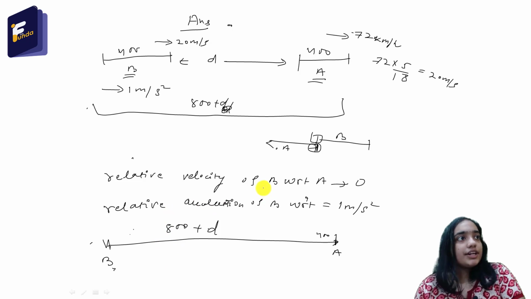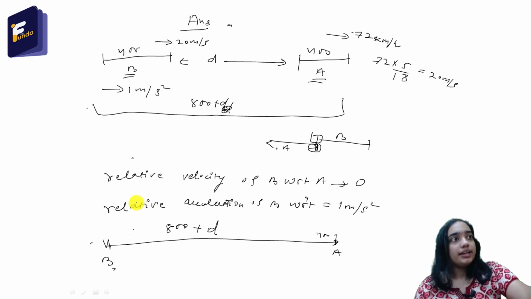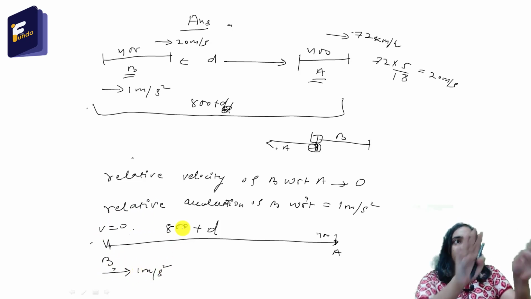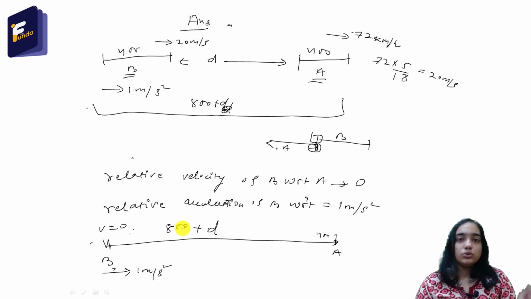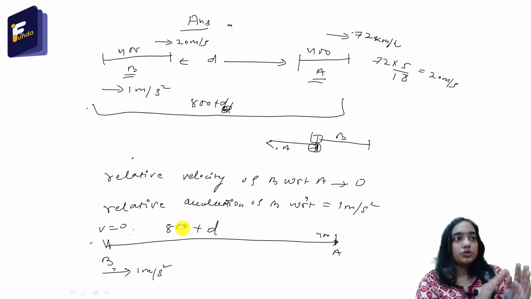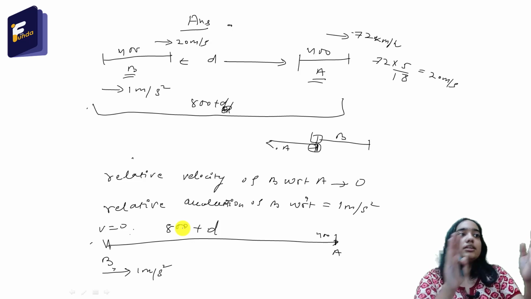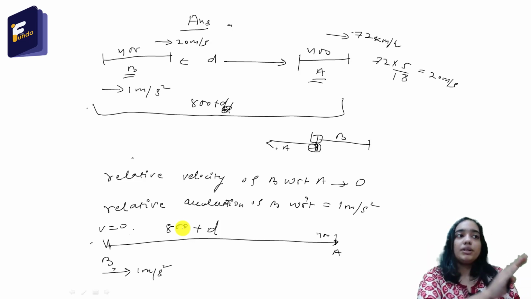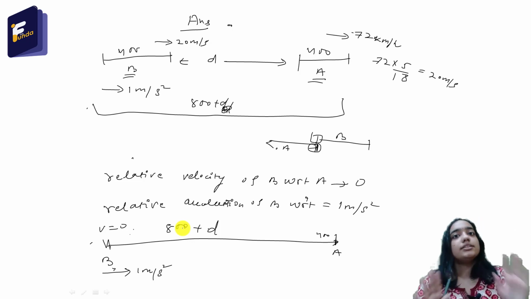As we are stopping A, we are finding the relative velocity of B with respect to A, so the initial velocity is 0 and acceleration is 1 meter per second square. The whole situation has been reduced to a similar situation where A is at rest, the distance between B and A is 800 plus D meter, and B is moving with 1 meter per second square, and A doesn't have any acceleration.